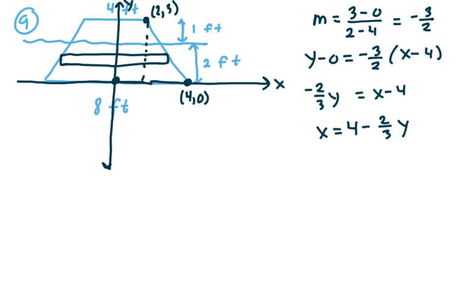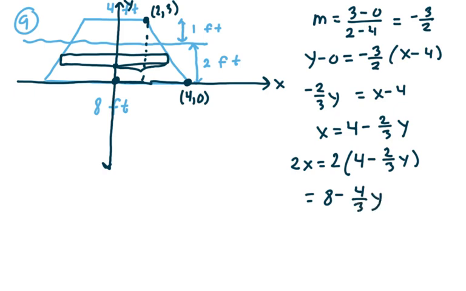But that only accounts from the middle of the rectangle to the edge, right? So 2x is 2 times 4 minus 2/3 y. That's going to account for the width of the entire rectangle. And so this is 8 minus 4/3 y.